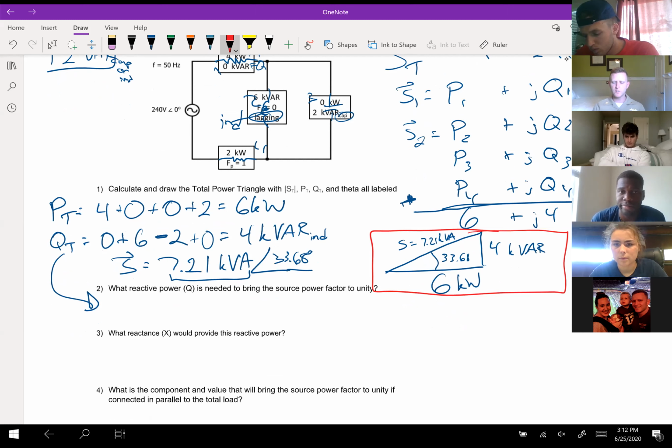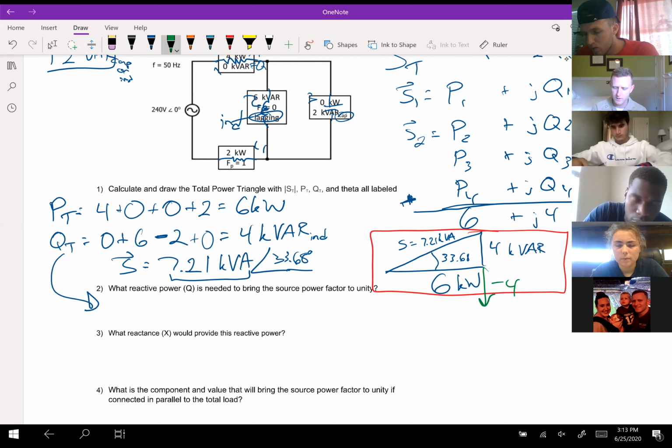So now what we need to do is we want to cancel out that Q of 4. And the way we're going to do that, I'll draw it in green, is it's like we're adding in a new perfectly Q vector going down of -4. And once I do that, then S and P will be equal to each other.